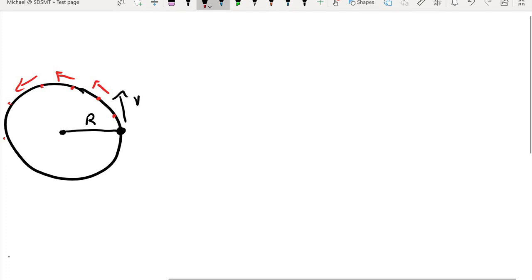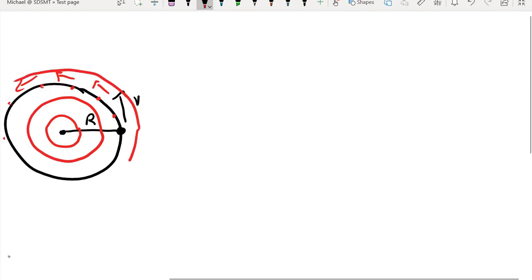Another thing that we want to consider is what happens to all of this information if we use smaller or larger radius values.